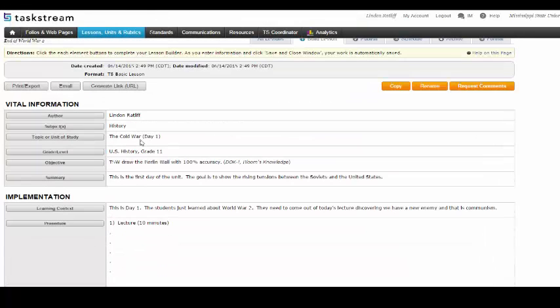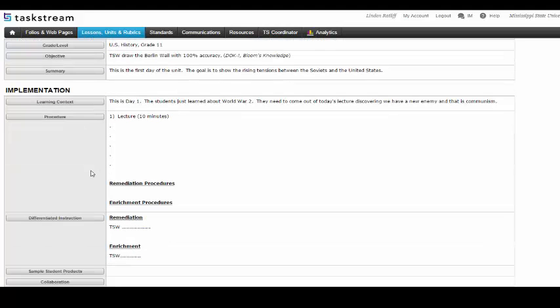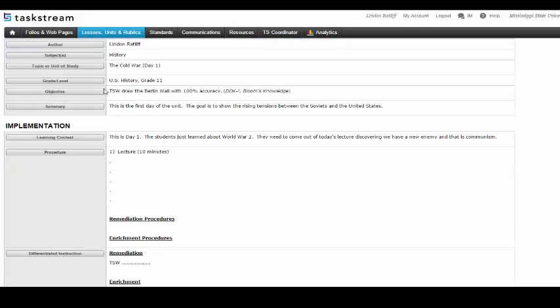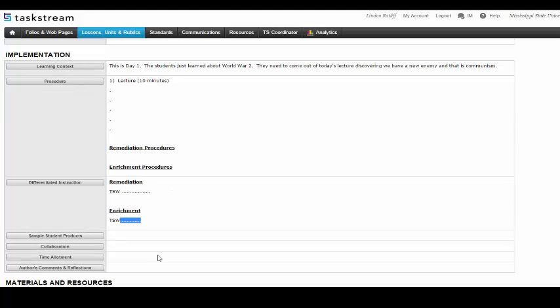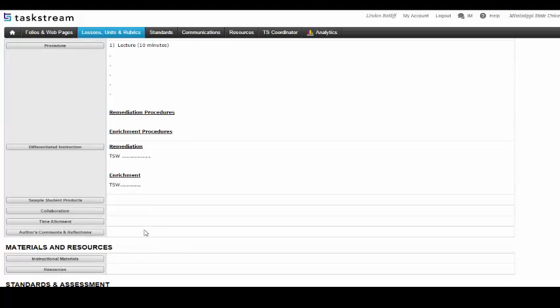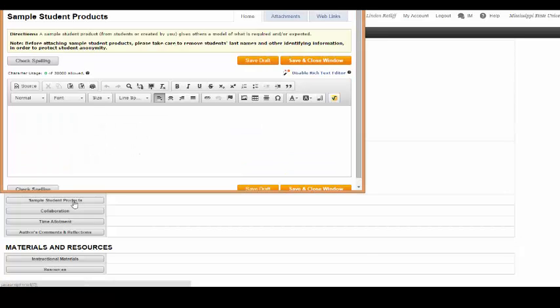So what we've done is we've got our objectives. I've got my daily objective here, and I have my differentiated instruction, my remediation objective, which we're going to write here, and my enrichment objective written here. Sample student products, you can add. See, this right here says a sample student project gives others a model of what's required or expected. This would be your answer keys.